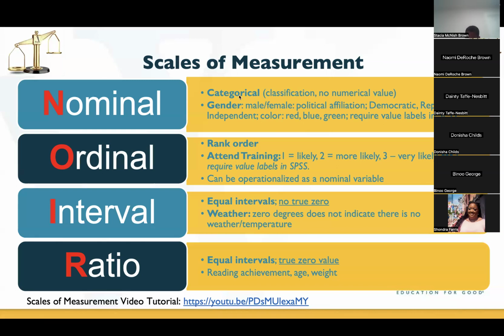It simply means that it's very cold. Then we go to the highest order, which is the ratio, very similar to the interval, but it has a true zero value. Now, again, this is just a recap because you have a very detailed video tutorial here that you can look at that goes in depth with the scales of measurement, okay?